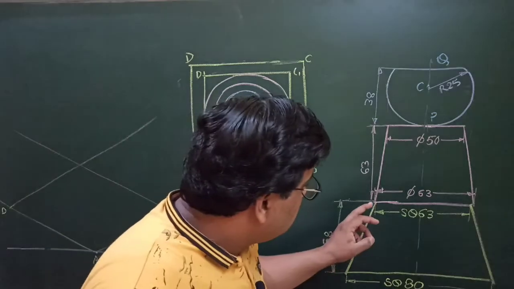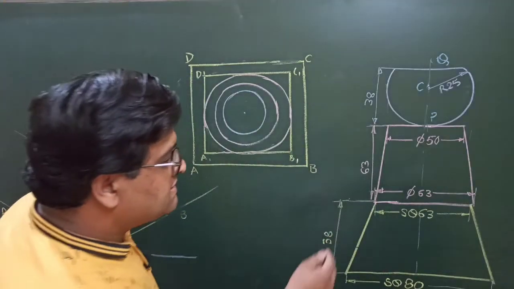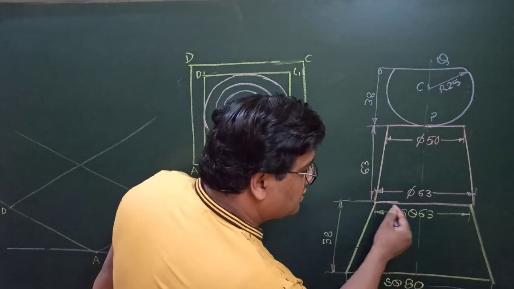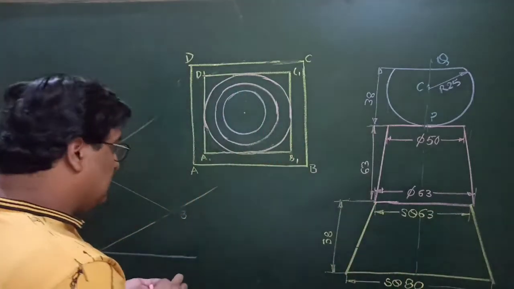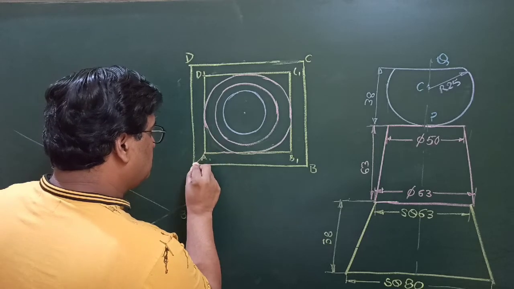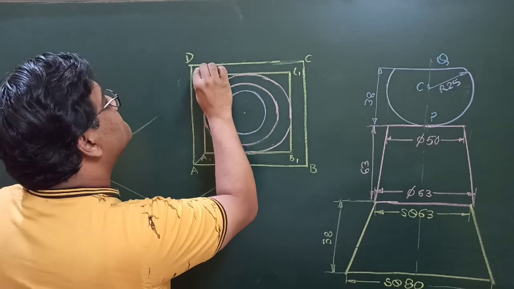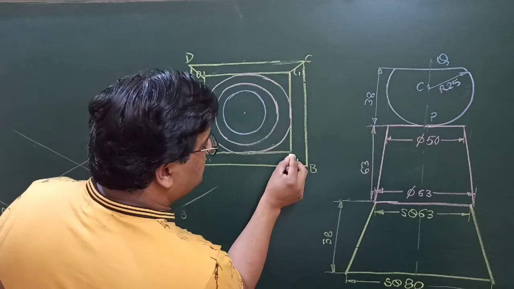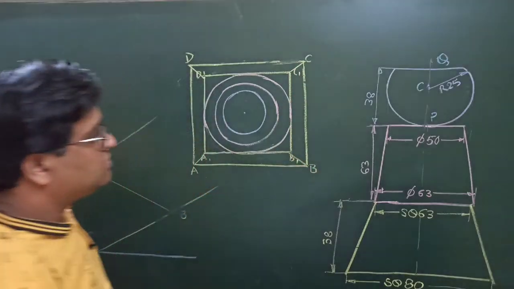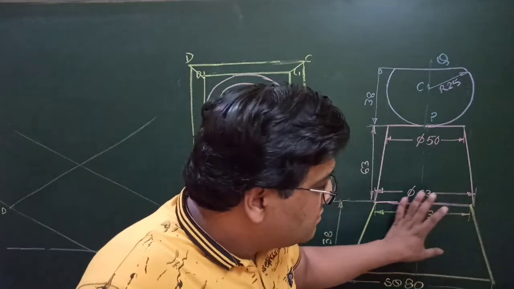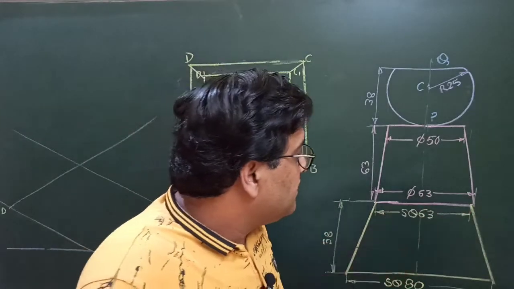In that, this second yellow square is the top face of the frustum of the pyramid. You have to join these two with these lines. This I have left because I want to explain that. So this yellow part is completed with this frustum of the pyramid.